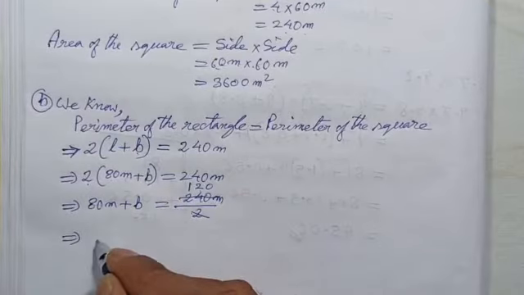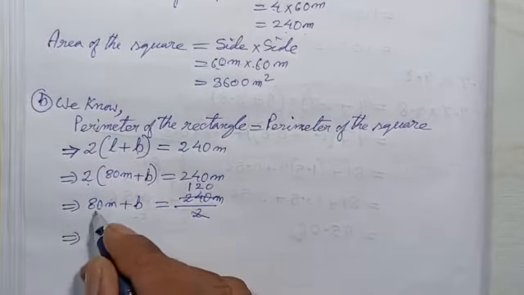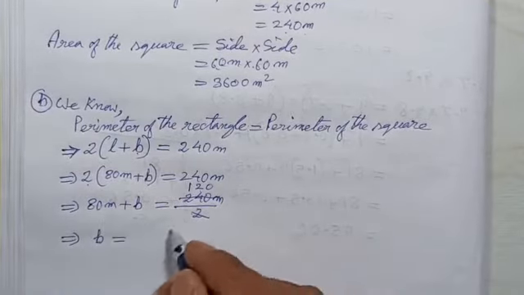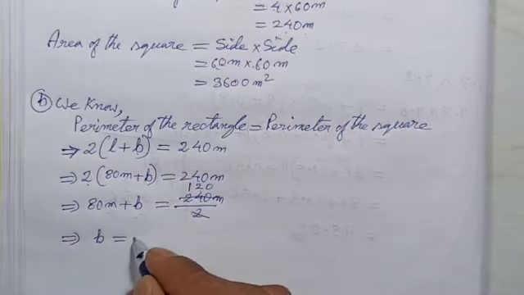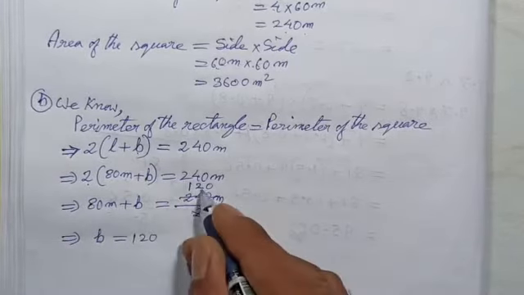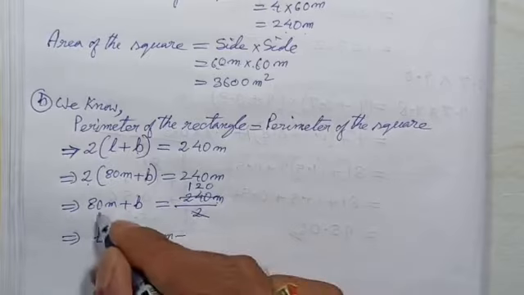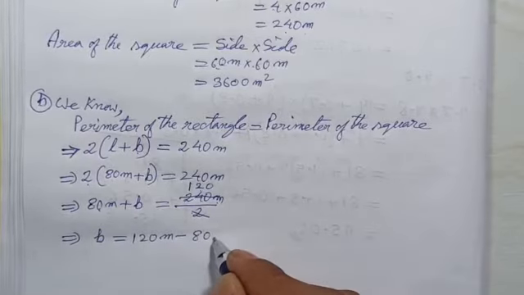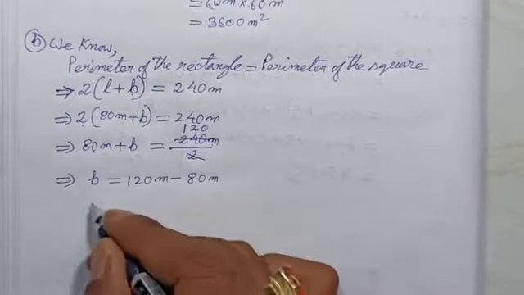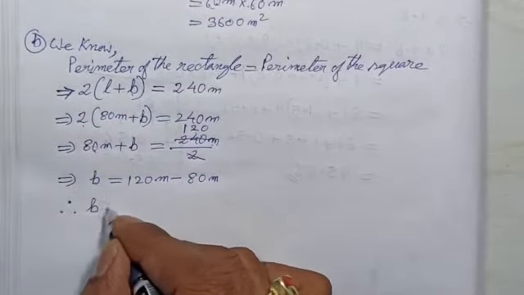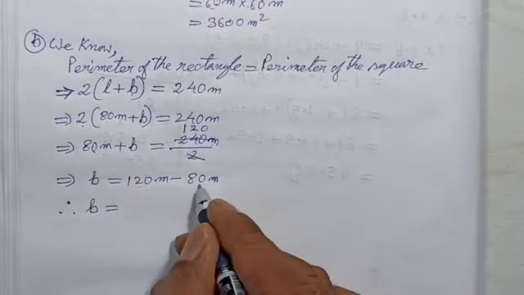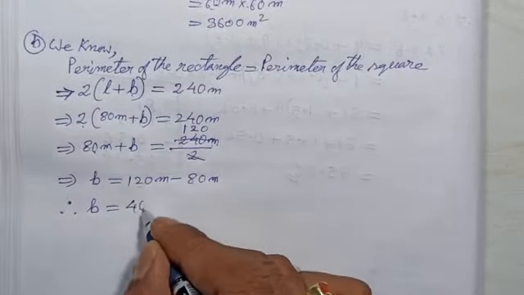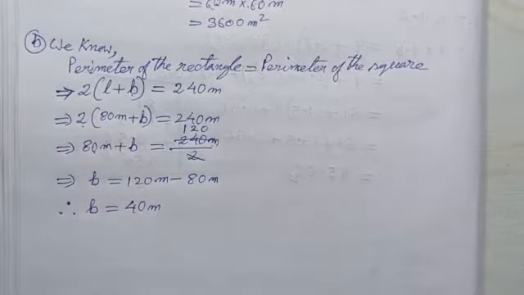This implies B is equal to 120 meter minus 80 meter. Therefore, breadth B is 120 minus 80, which is 40. So 40 meter is the breadth.